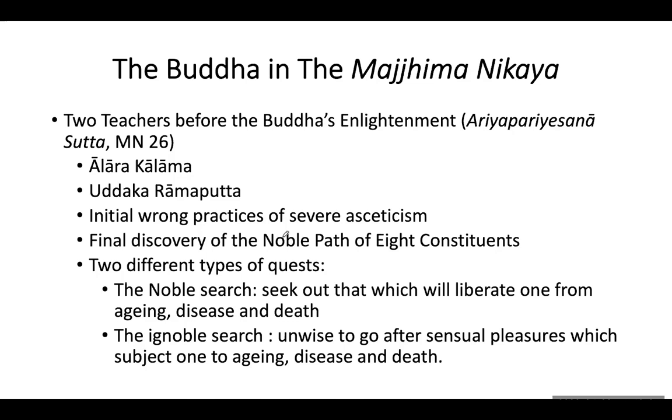The most noble search was to seek out that which will liberate one from aging, disease, and even death. When the Buddha followed the two teachers, he could not yet liberate himself from aging, disease, and death. Therefore, he practiced in his own way and eventually discovered the noble path of eight constituents.